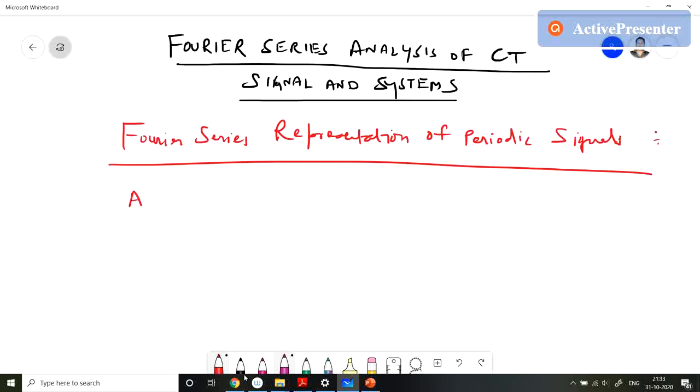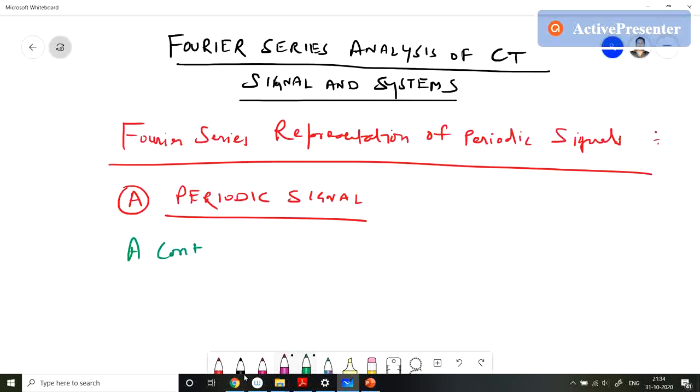First we need to know what a periodic signal is. I am again revising this concept. We discussed this concept in the very first lecture.